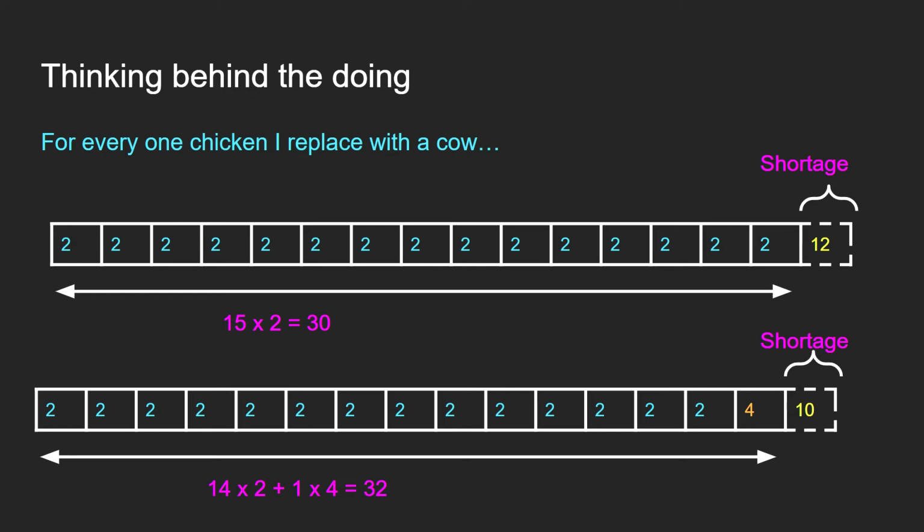So when you replace a chicken with a cow, 2 legs from the cow will be used to replace the 2 legs in the above, this part here. 2 legs here takes the spot of 1 chicken, and another 2 legs will also be used to fill in the shortage. So you get two more legs, and that will reduce the shortage by 2.